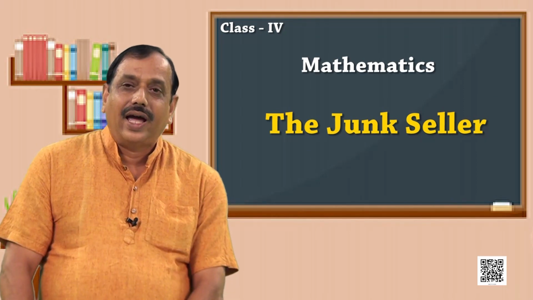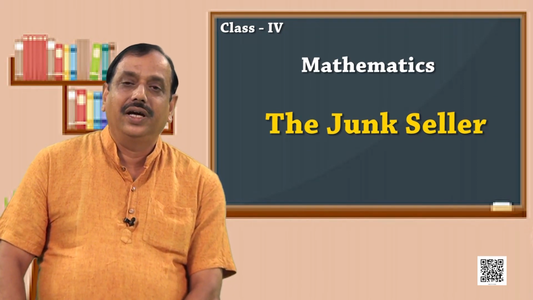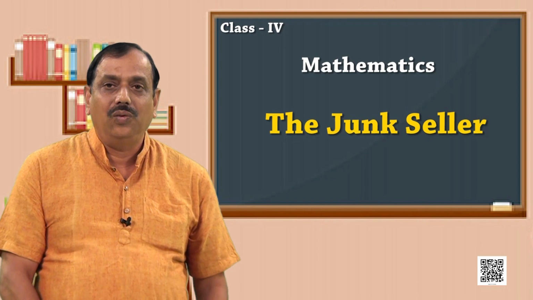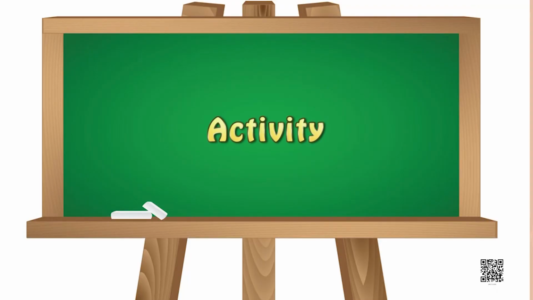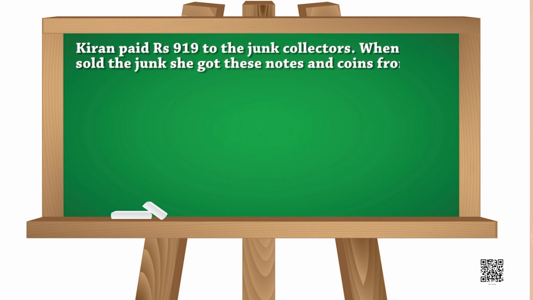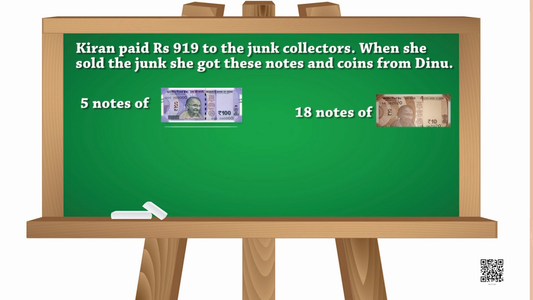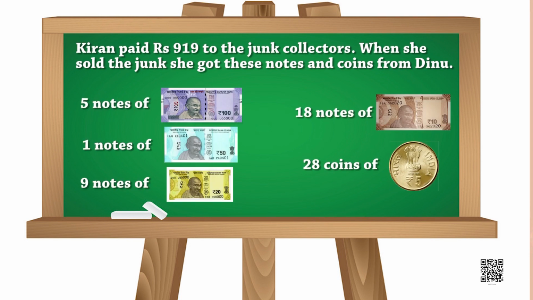Now, here is an activity for you to make an entry and to try to know how transactional diary entries are made. Here is the activity presented to you on the screen. Kiran has paid 919 rupees to junk collectors and she has sold all the junk at Dinu's shop, and these are the denominations she has received.